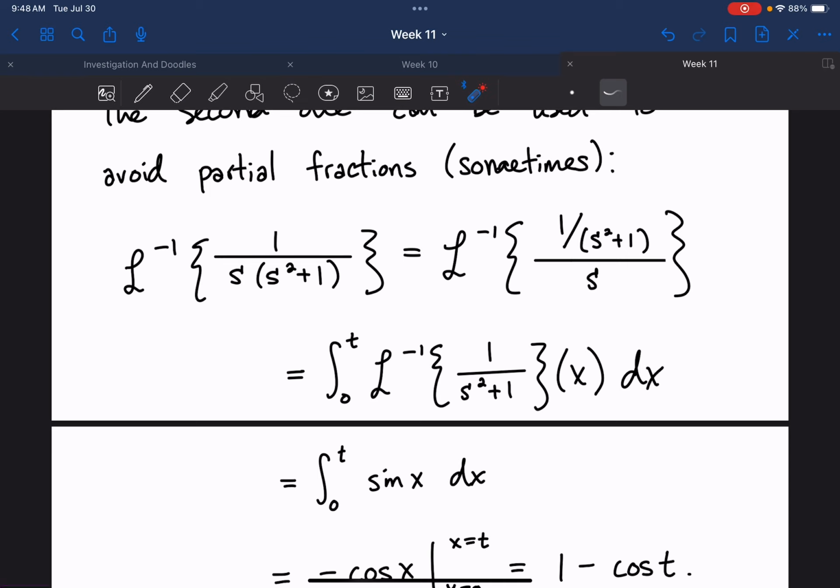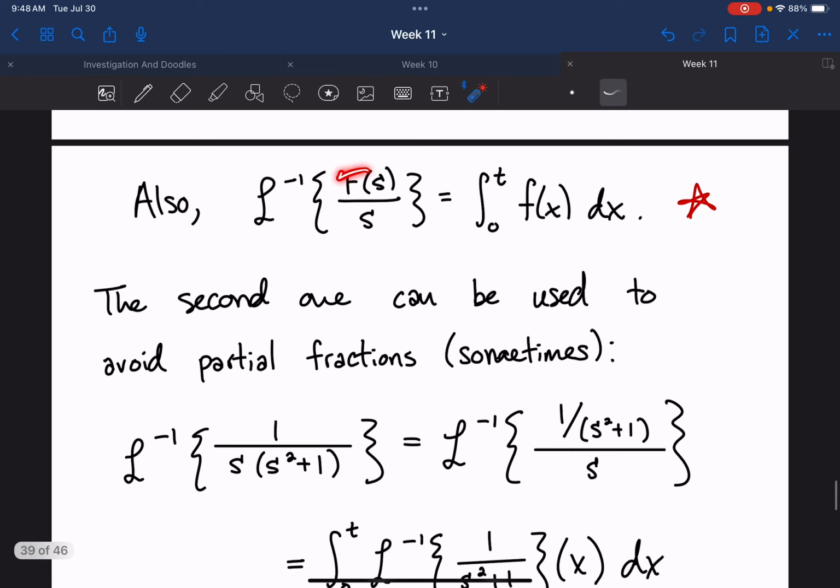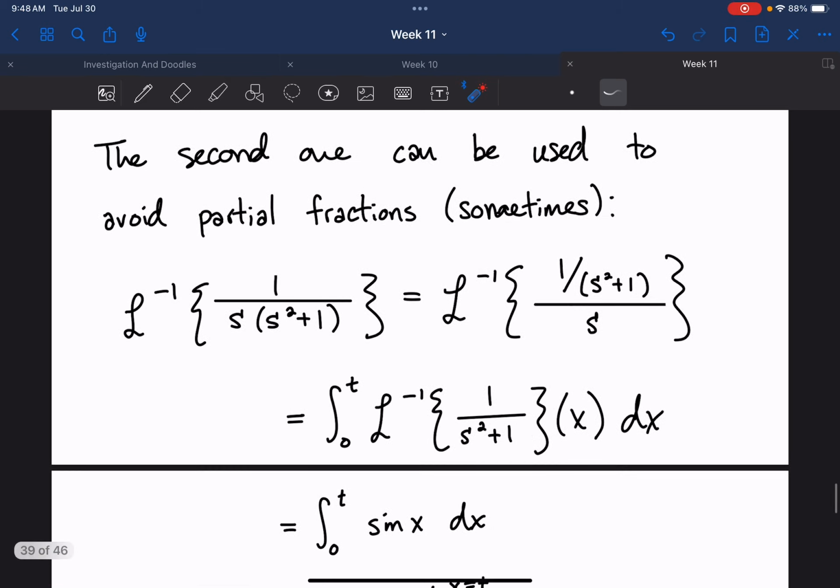And now, this is capital F of s over s. The inverse Laplace transform of 1 over s squared plus 1 is sine t.